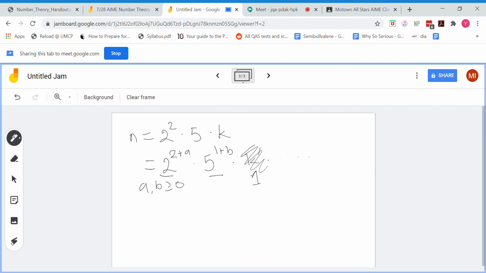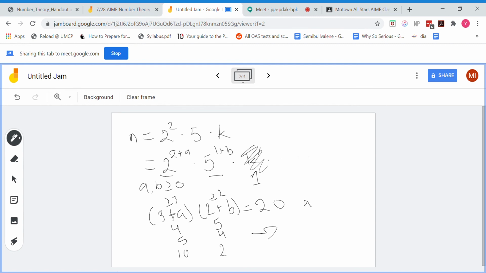So in this case, the total number of factors is 3 plus a times 2 plus b, and this is equal to 20, right? So now this is just casework. This part is at least 3, this part is at least 2. So this could be 4 and 5, 5 and 4, and 10 and 2.